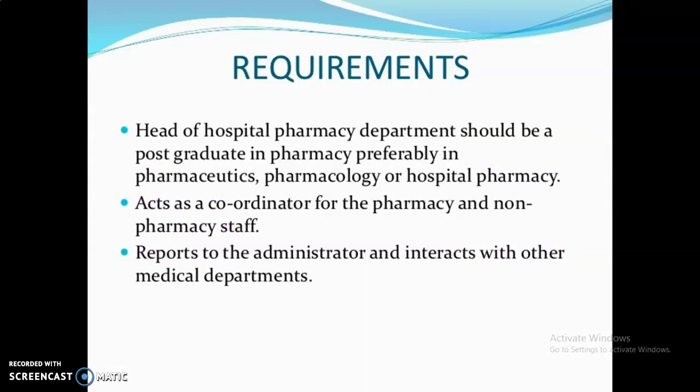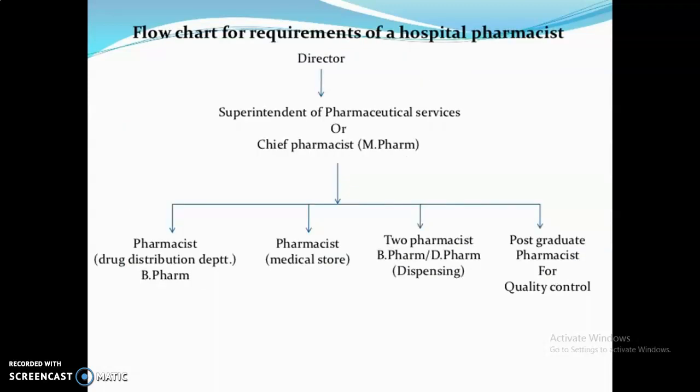The head of hospital pharmacy should be a postgraduate in pharmacy, preferably in pharmaceutics, pharmacology, or hospital pharmacy. He is the coordinator of the pharmacy and he will guide non-pharmacy personnel also. He reports to the administrator and interacts with the medical staff. Flowchart of requirement of hospital pharmacist: director or chief pharmacist.